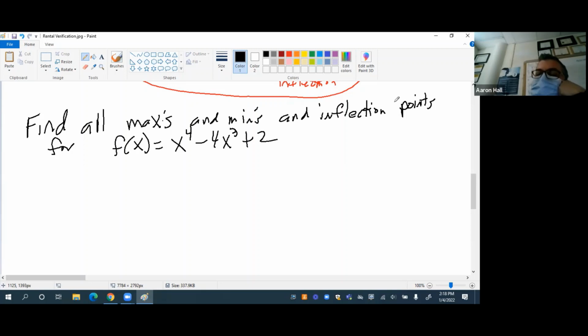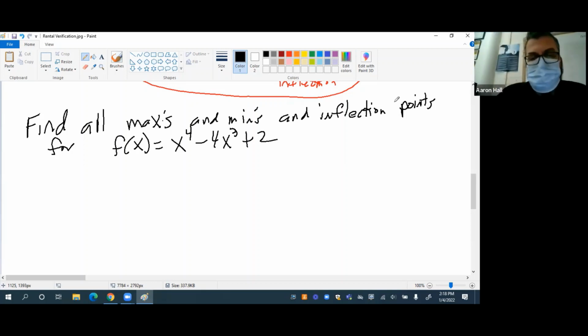Where do I start? Use the derivative. Yeah, so we're going to take the derivative, and when I take the derivative of this, what do I get? Let's try red. f prime of x equals 4x cubed minus 12x squared.